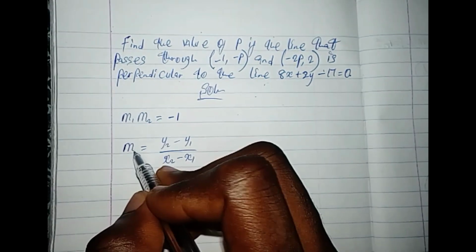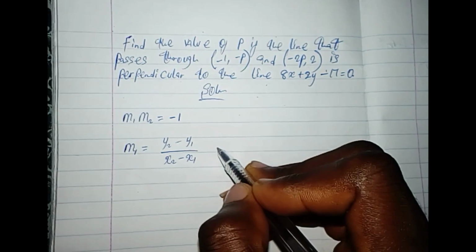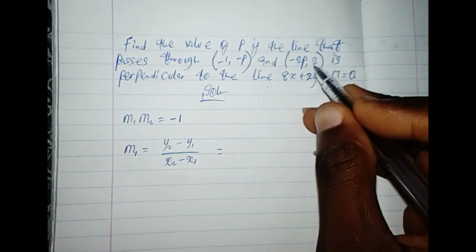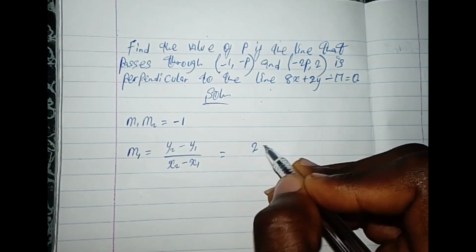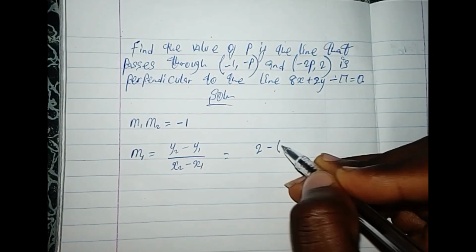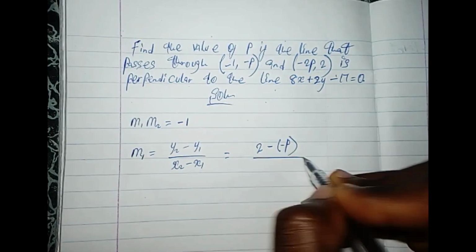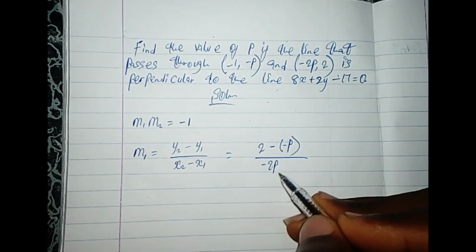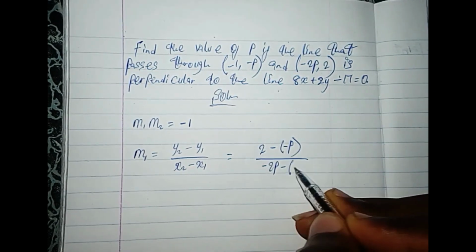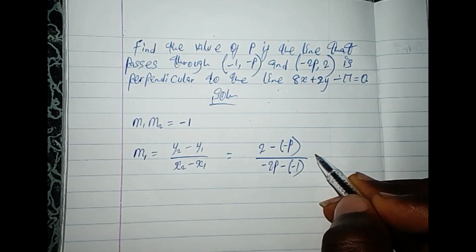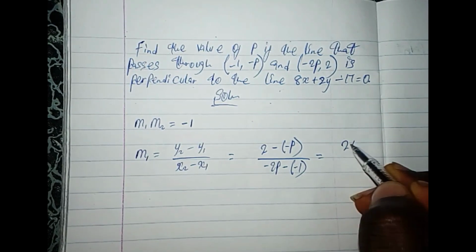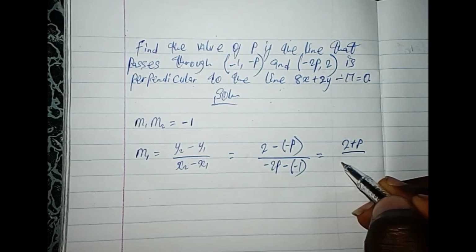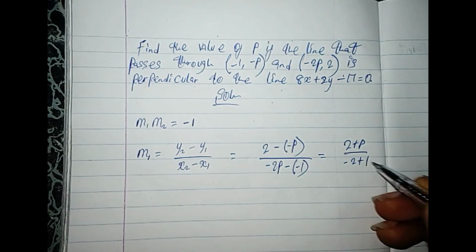So m1 is equal to y2, which is 2, minus y1, which is -p, over x2, that is -2p, minus x1, that is -1. So this is equal to 2 plus p over -2p plus 1.